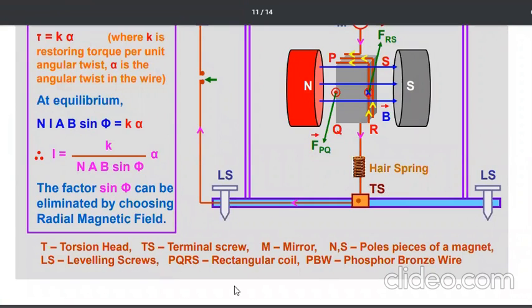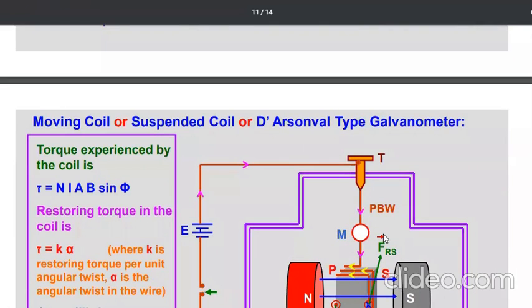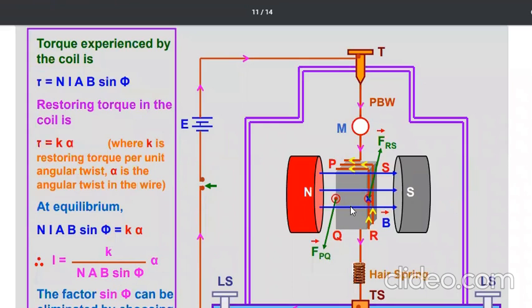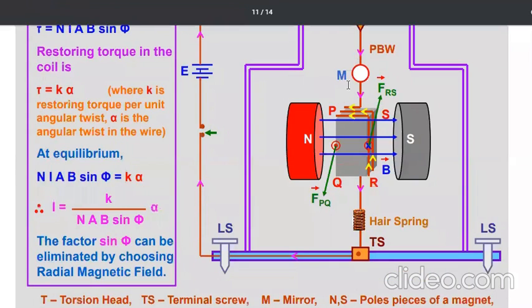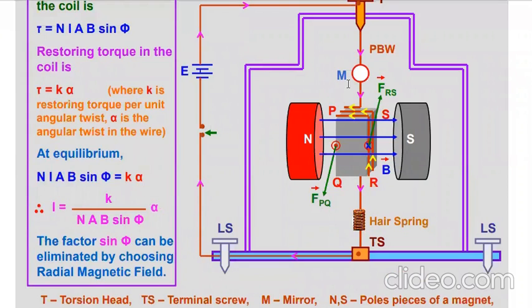And NS is the pole pieces of the magnet, and M is the mirror. So look, where is M? Here M is the mirror that could help you to calibrate or even show you the twisting produced in the coil.